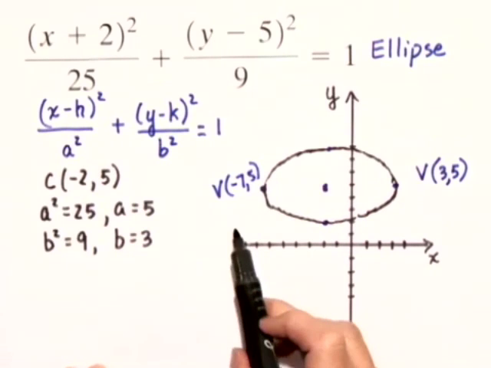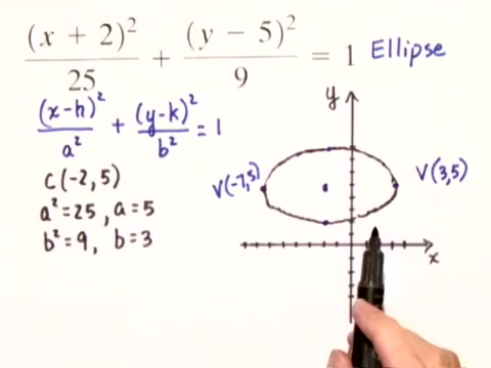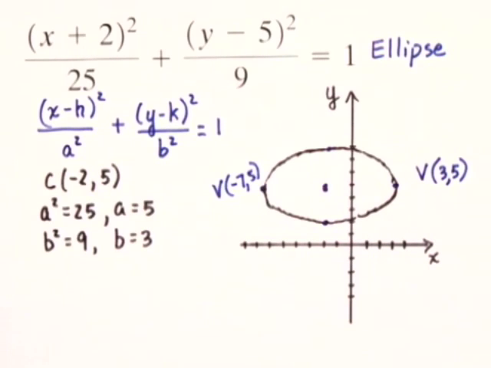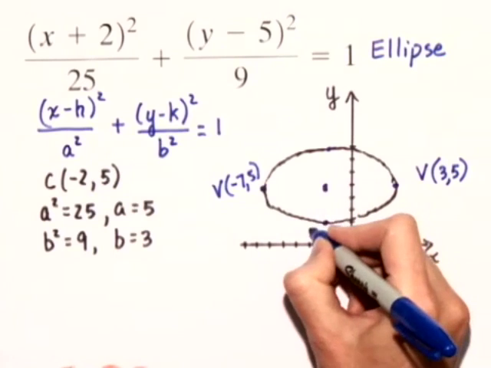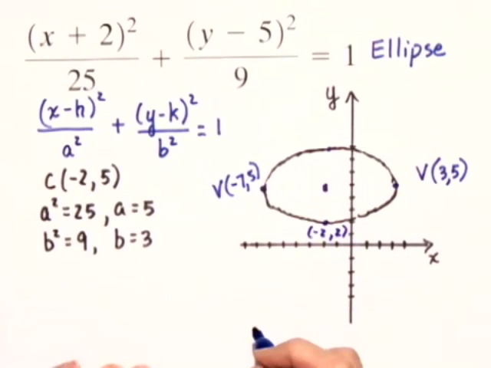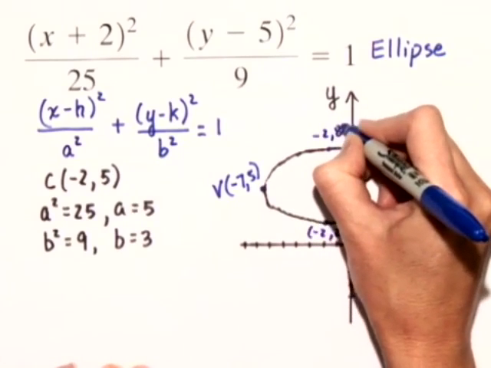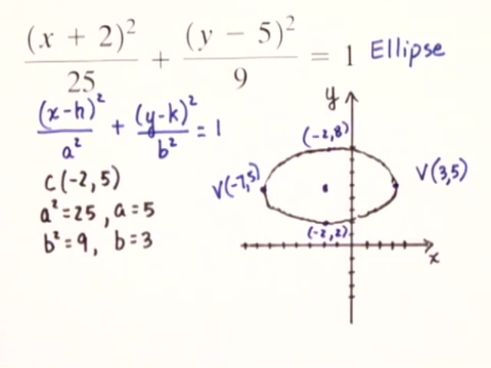So we see that we have 2 vertices, one at (−7, 5), one at (3, 5). The endpoints of our minor axis are located right here at (−2, 2), and also at (−2, 8). We also needed some information about the foci.